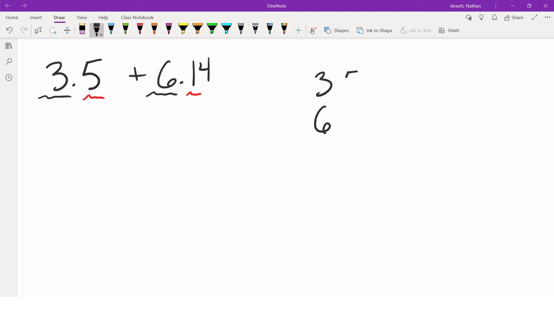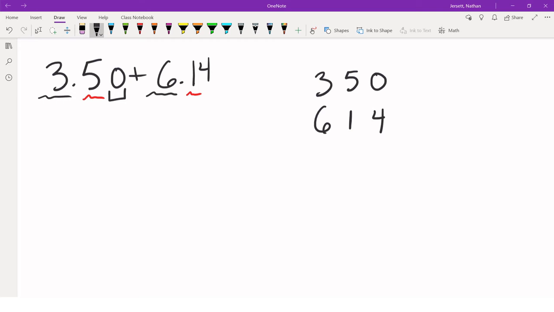So let's make sure we add those up. Now the 6.14, the 4 there is 4 hundredths. The first number does not have anything written there, so we could write a 0 if we want there. We can write zeros for any place that we don't have. So it's 0 hundredths and 4 hundredths.